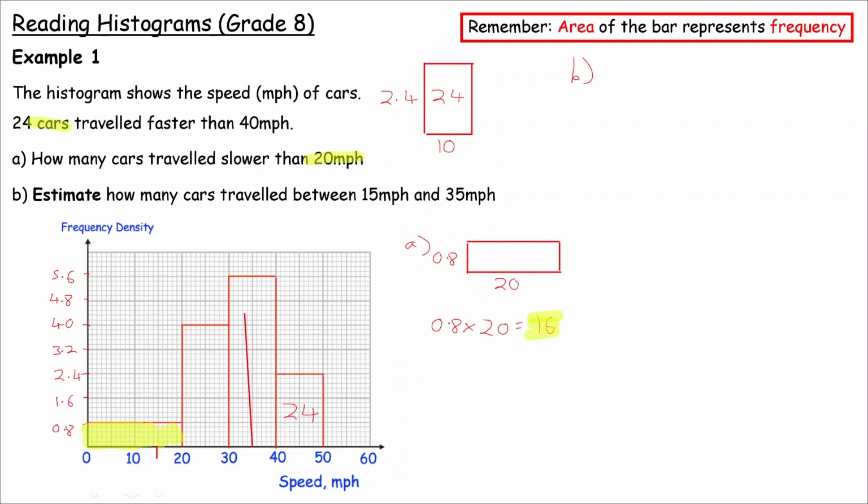Let's use a different colour for both of those, green. So 15 is here, and then 35 is all the way up here. Basically, I now want the area of everything between 15 and 35, so let's highlight that in green.